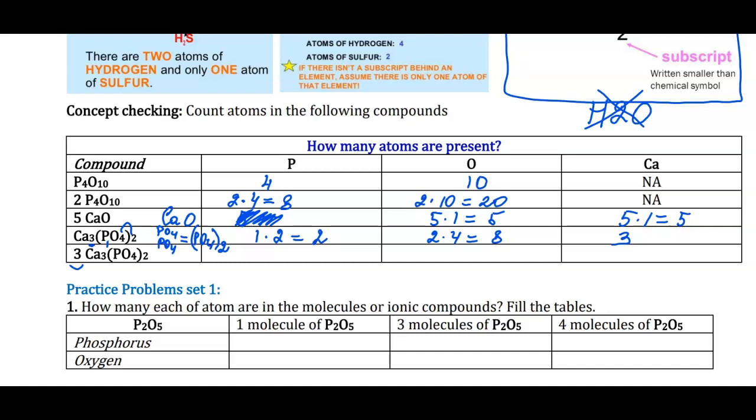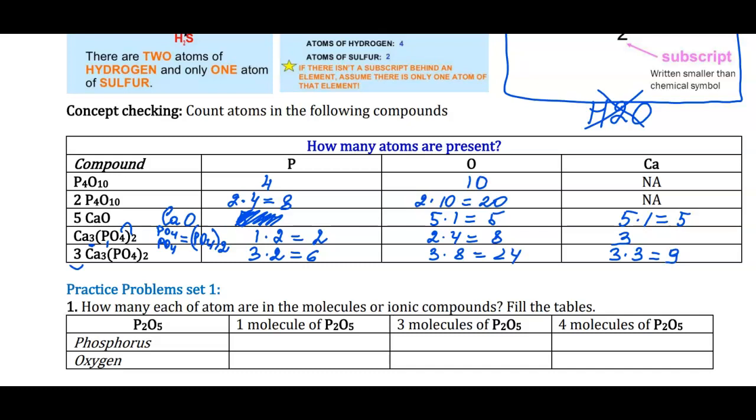So for phosphorus, it will not be 2 anymore. It will be 3 times bigger, 3 times 2, 6. For oxygen, it will not be 8 anymore. It will be 3 times bigger, so 24. And for calcium, it will be 3 times bigger also, so it's 9, right?